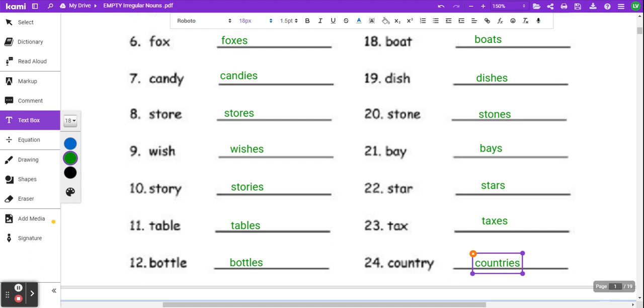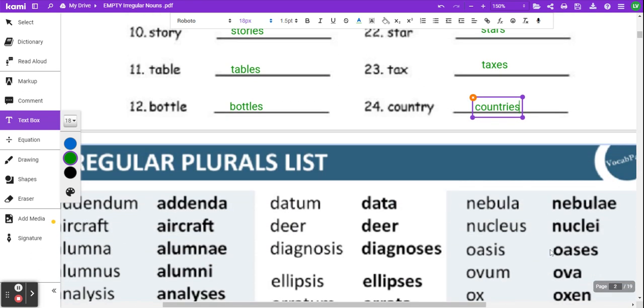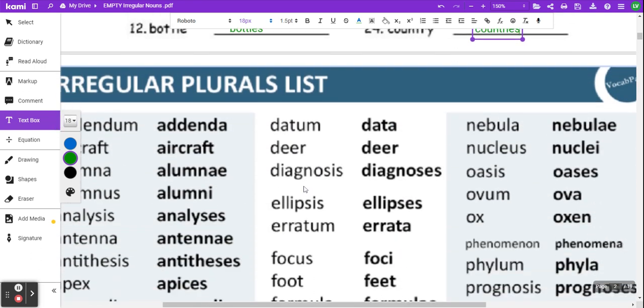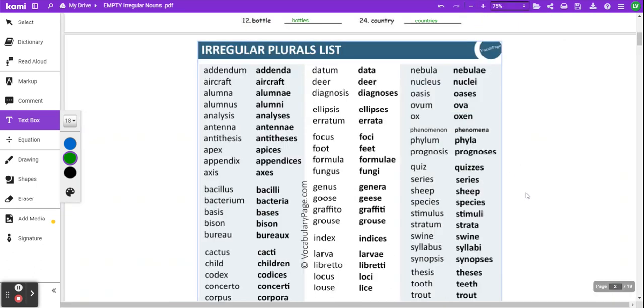Vamos a ver que hay diferentes reglas, there are different rules. ¿Por qué es que estamos cambiando? That we're going to change some of the letters. So estos se llaman irregulares, they're the irregular nouns. Okay? So, aquí les di una lista extensa, a very extensive list of the nouns.